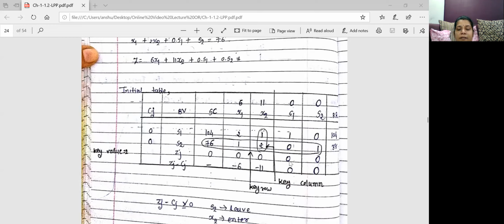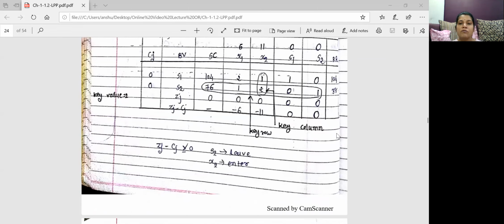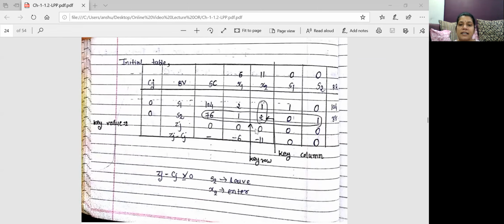In our initial table, the first value of Zj is always 0, because whether our basic variables are s1, s2, a1, a2, anything, our Cj column is always 0 in the initial table, because these values depend on our objective function. Got it? So our Zj is 0: 2 into 0 plus 1 into 0, 0. 1 into 0 plus 2 into 0, 0.